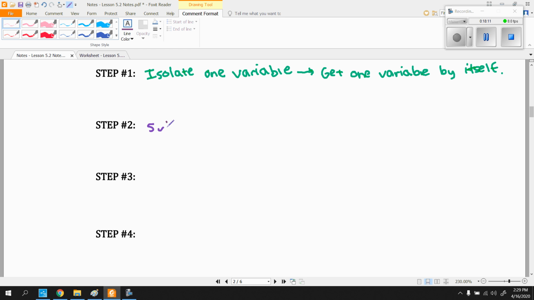Substitute the expression from step 1 into the other equation.